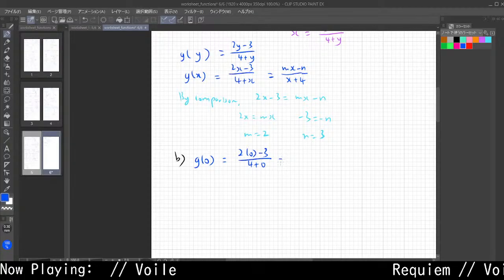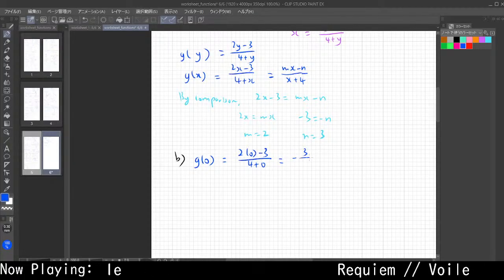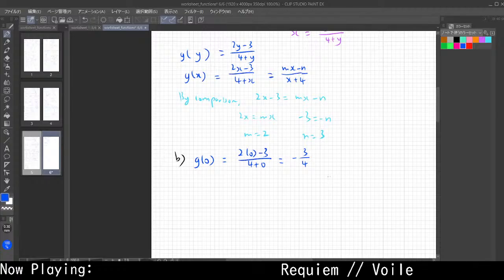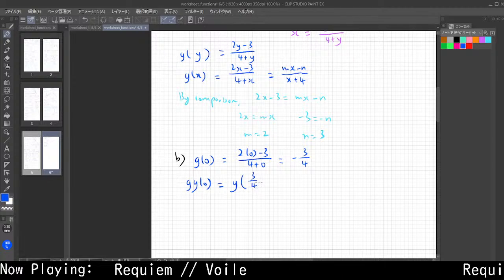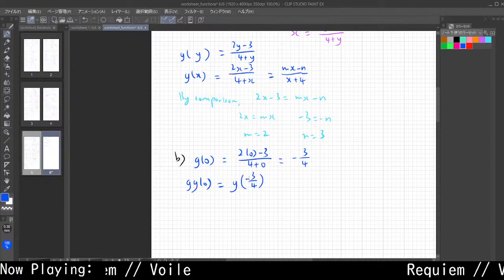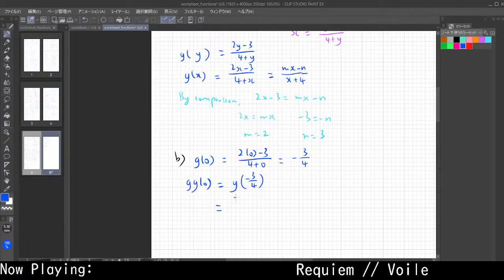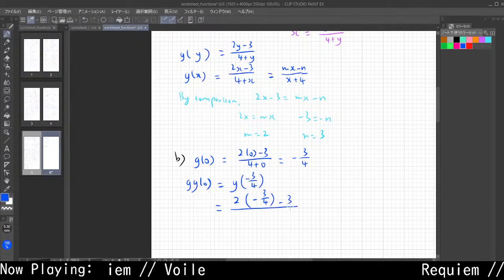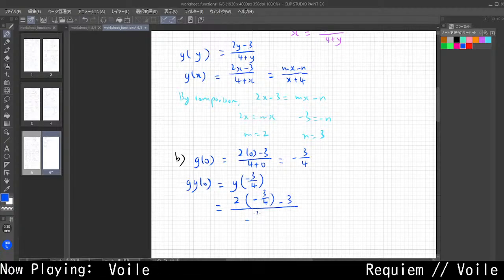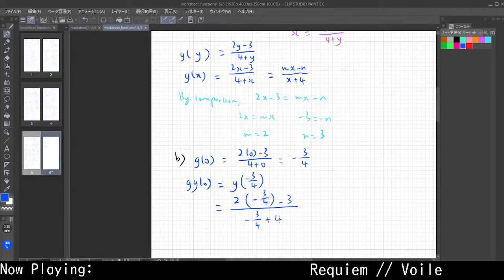So this will just give you negative 3 over 4. g(g(0)) is g bracket negative 3 over 4, which is equal to 2 bracket negative 3 over 4 minus 3, over negative 3 over 4 plus 4.